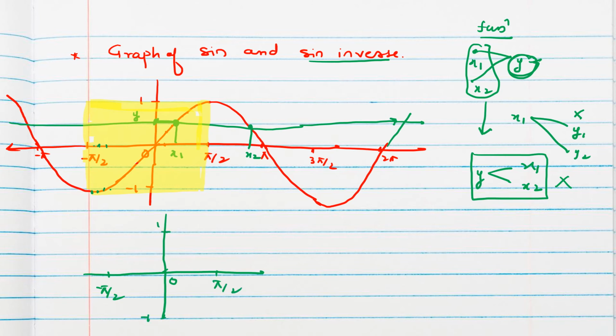So it is like this. Okay. So we restricted the domain here. The range is the same. This is for sine x. Domain is now minus pi by 2 to pi by 2, and range minus 1 to 1.